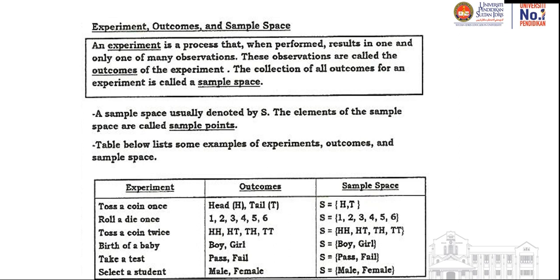Here in the table we have several examples of experiments, outcomes, and sample space. The first column is the experiment, the second column represents outcomes, and the third column represents the sample space.